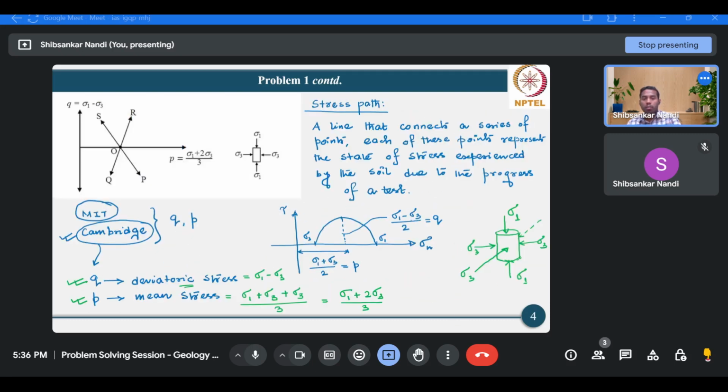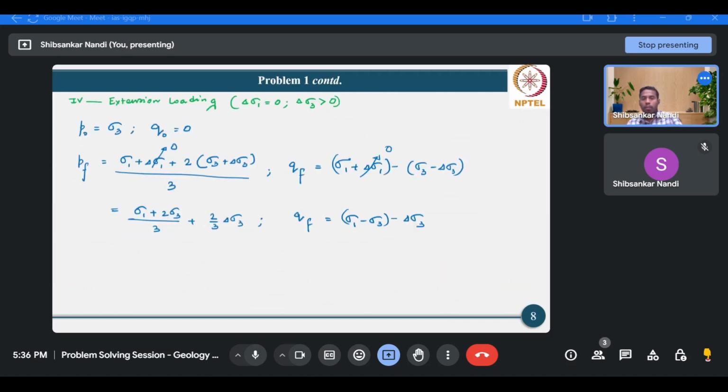So this will be P0 plus 2 by 3 delta sigma 3, and QF is Q0 minus delta sigma 3.